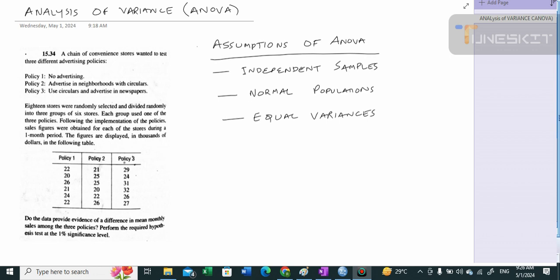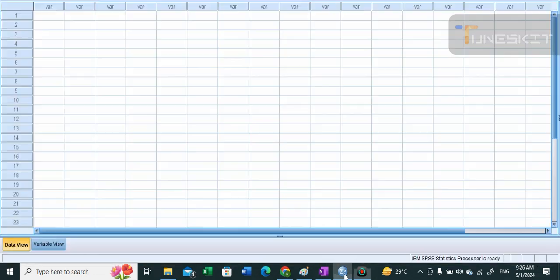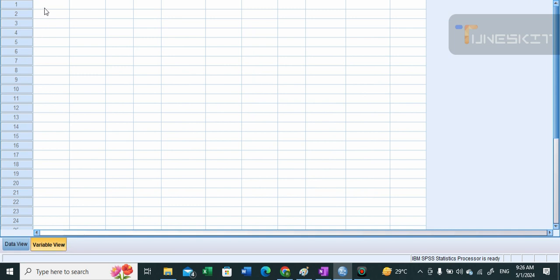Now I'm going to create the file for this data. So how can we create the file for this data? First of all, we will create two variables. One is policy and another variable is sales.